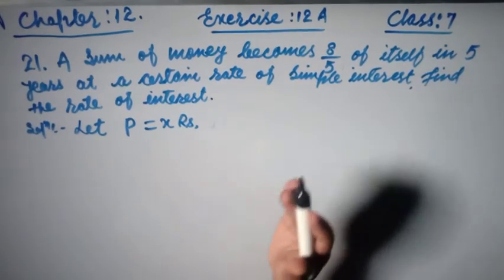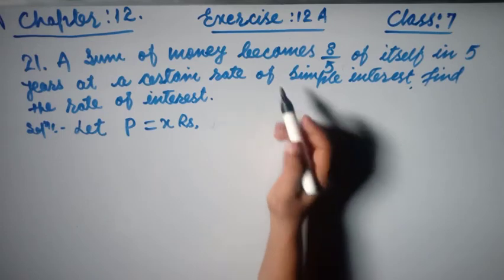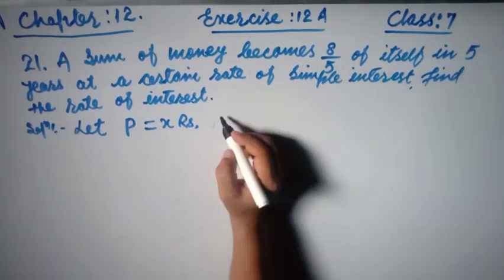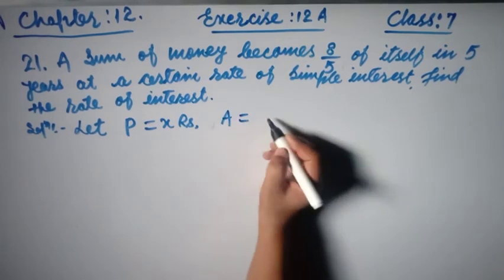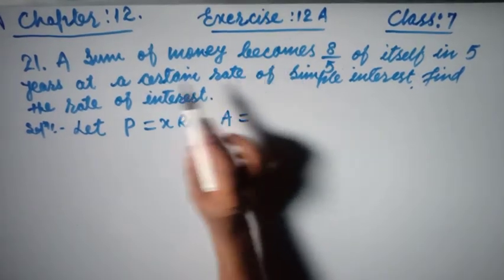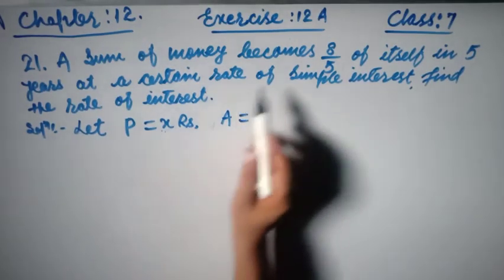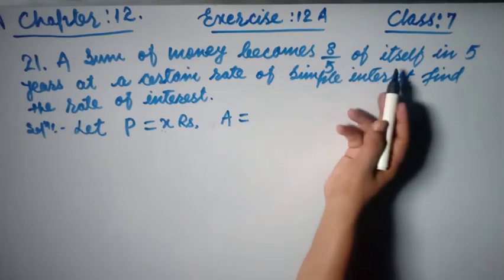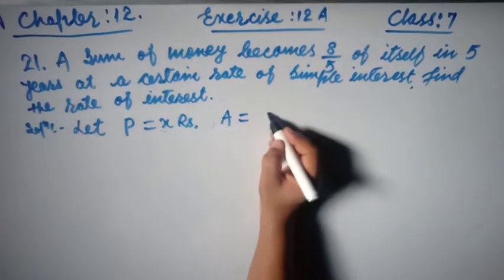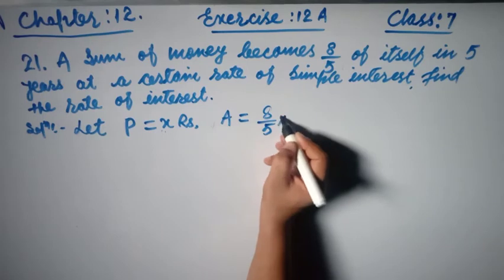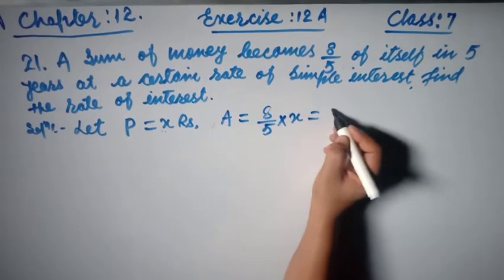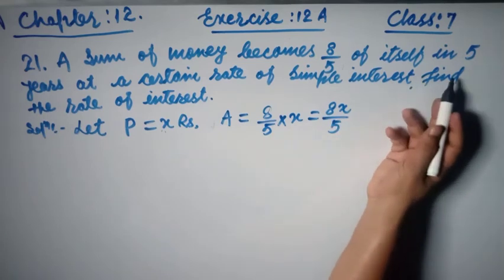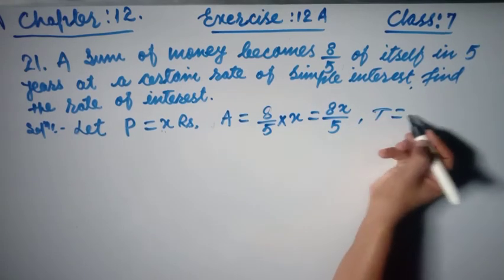That means the new amount after 5 years is 8 by 5 of itself, and itself means x, so the amount is 8x divided by 5 after 5 years. So the time is given, friends, 5 years.